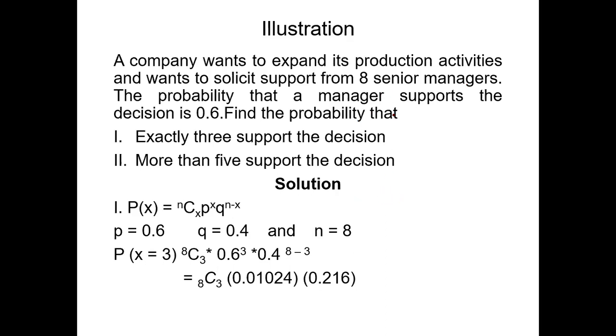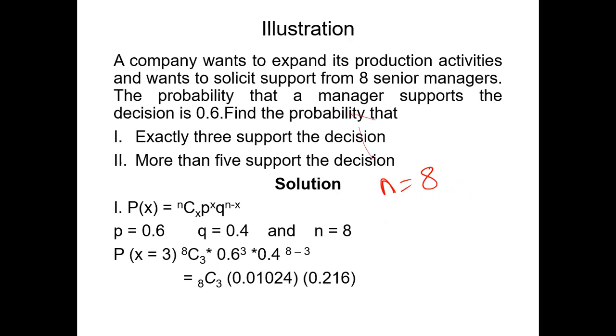First of all, there are a fixed number of trials because they want to solicit support from 8 managers, so n is fixed. Another way you can also know is that the outcome is just binomial. It's either they support the decision or they do not support the decision.